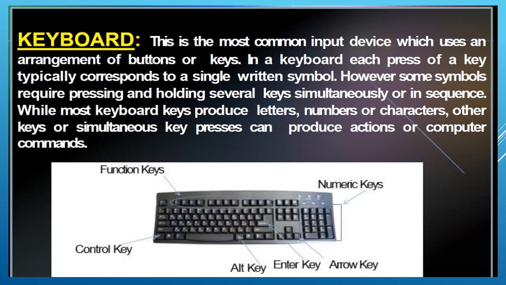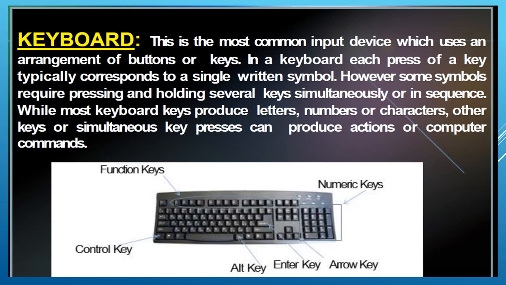Next, whilst most keyboard keys produce a letter, number or character, other keys or simultaneous key presses can produce actions or computer commands. You can see the first keys are represented as function keys, from F1 to F12.